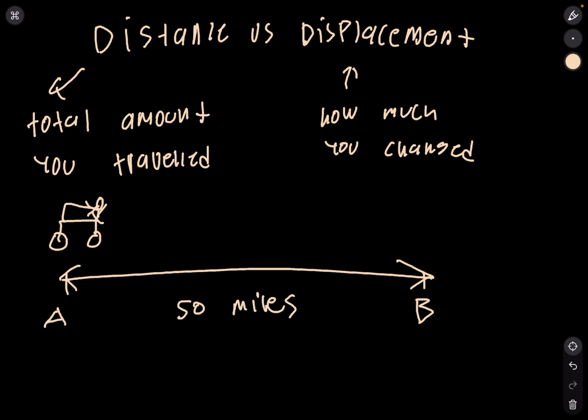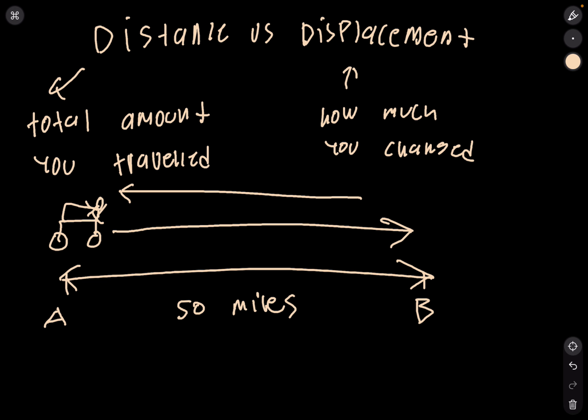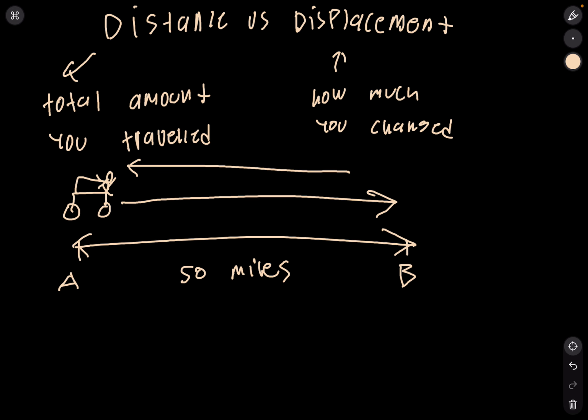Now let's say you go to point B and then you return back to point A. Distance is very, very easy to calculate because you traveled from point A to point B, then from point B to point A, so you essentially travel those 50 miles the same. So the total distance traveled is 100 miles, because you traveled 50 miles plus 50 miles.